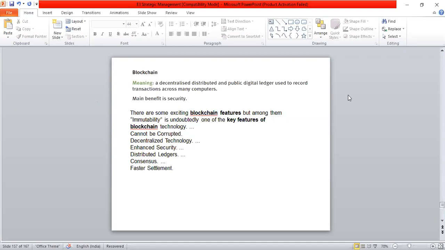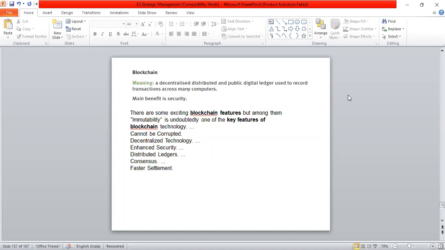The next one is about blockchain. Blockchain is a new technology, and the meaning of it says a decentralized, distributed and public digital ledger used to record transactions across many computers.